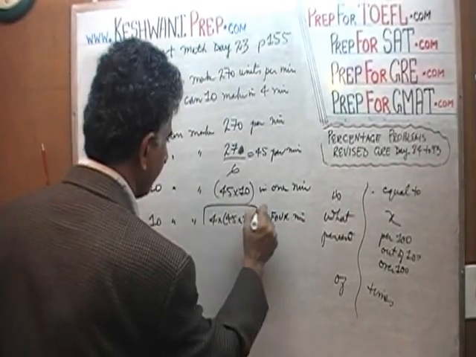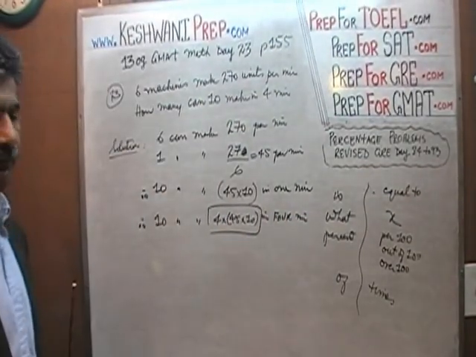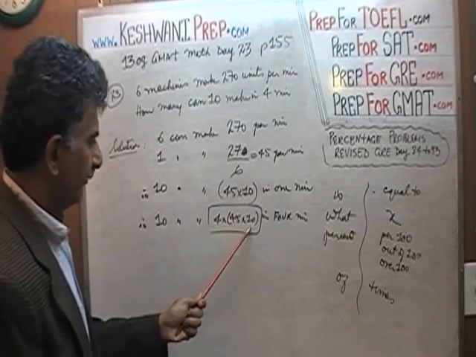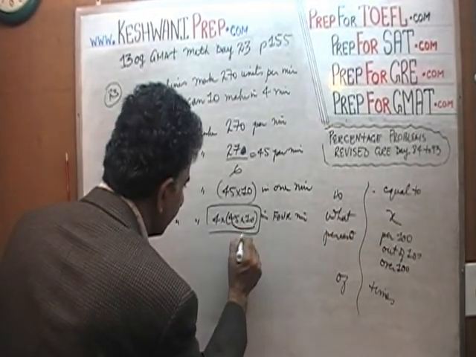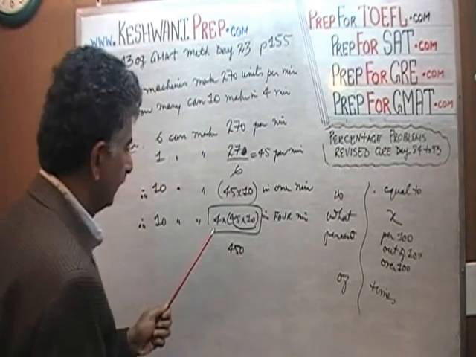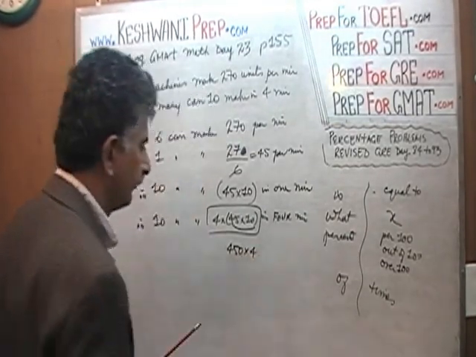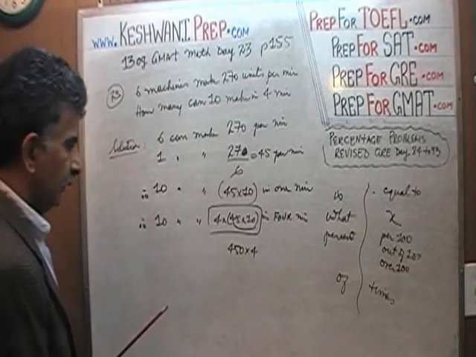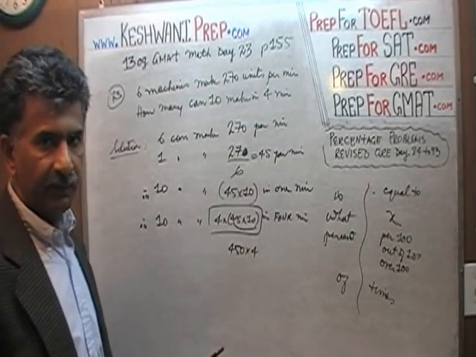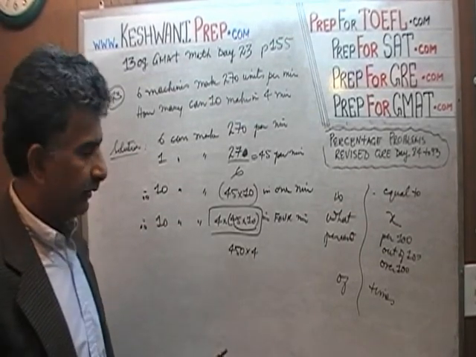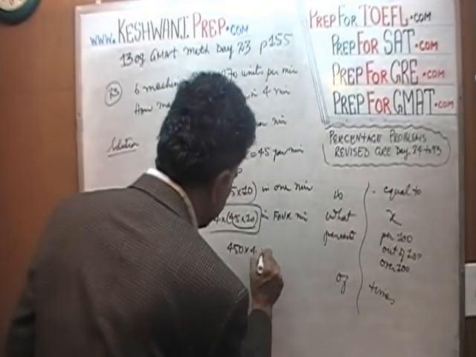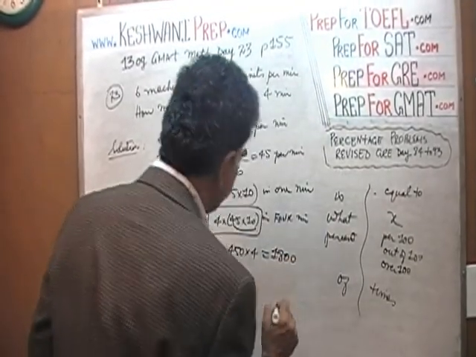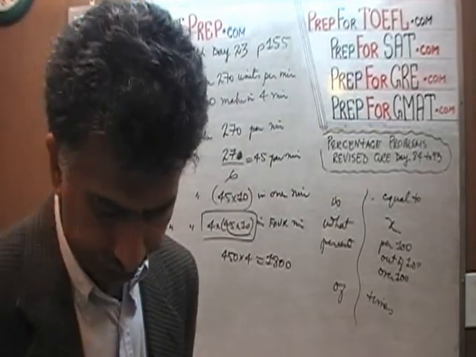That's our answer. 45 times 10 is 450 times 4. I know that 450 times 2 is 900, and double of 900 is 1800. That's your answer.